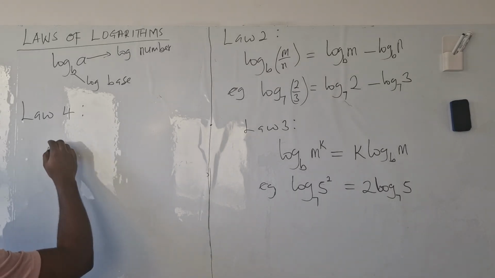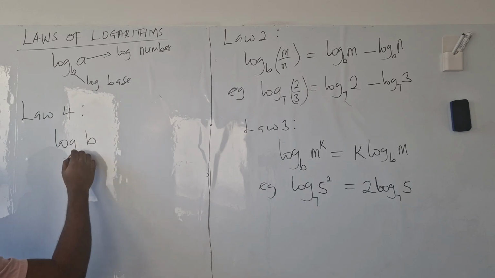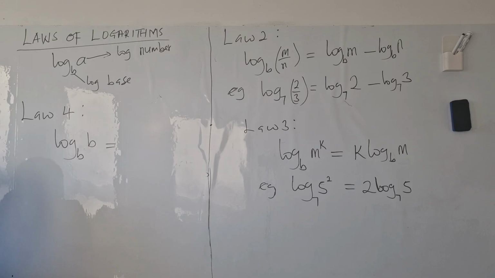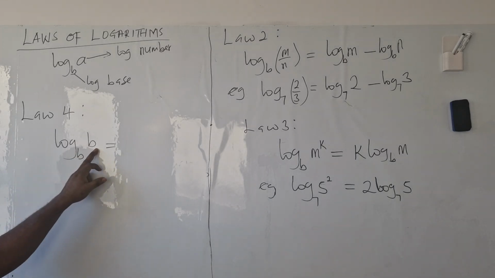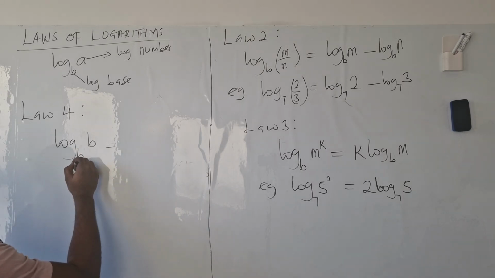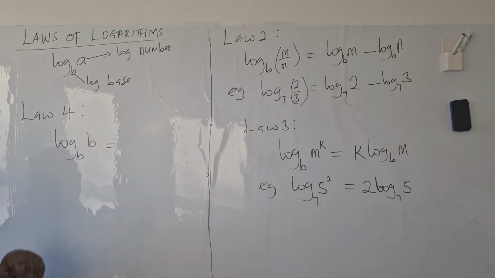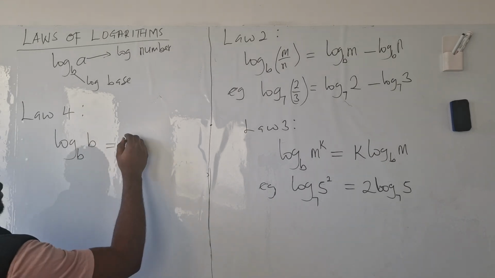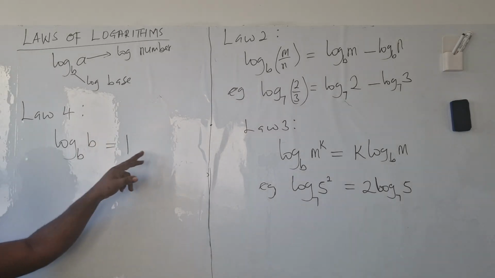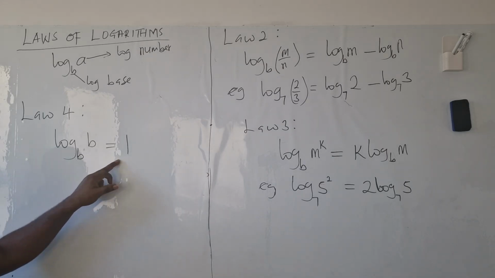Law 4 says that log b to the base b, if the log number and the base are the same, then this should always give an answer of 1. So log b to the base b is equal to 1. So log of a number to the base of the same number should always give an answer of what?